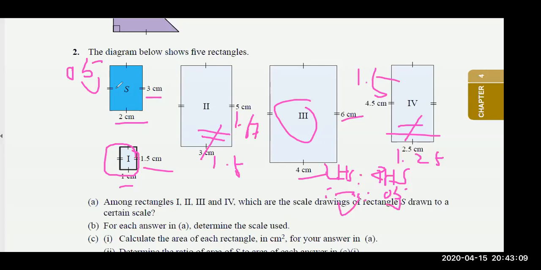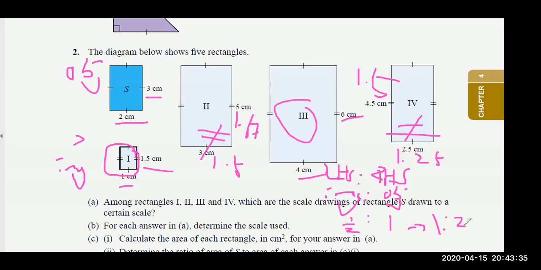So this one object is bigger than this one image, right? So if I write object is 1, the image is smaller, right? So this one is half, right? 1/2. Or you also can write 1:2, right?